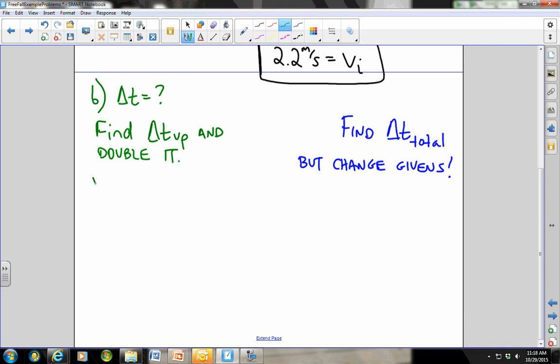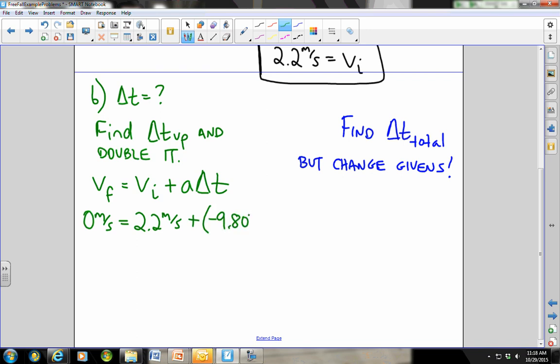And the best way to do this one, I think, is just to use this formula and solve for time. So you still would say, well, at the top, it's going 0 meters per second. I now know that it was going 2.2 meters per second initially, plus negative 9.8 times delta t. Then you would subtract from both sides, or however you want to do your algebra.